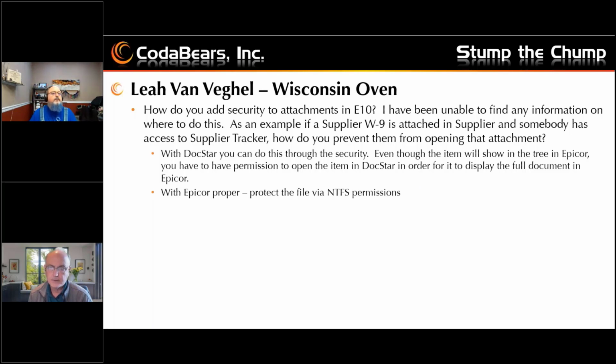And also on that, Lee, if you do end up moving files so that they go into a secure folder, be aware that when you move it, you're going to need to go back into Epicor and adjust that XFileAttach, or else it will be linked to the old path, and nobody will open it from Epicor because it'll be pointing to the wrong location. That's why the BPM option might be the simpler one, because you don't have to put it into a special folder. They could be all mixed up, but it looks at the type of attachment and says, oh, no, that's a W-9, you're not allowed. Yeah, that's a clever way to solve it.